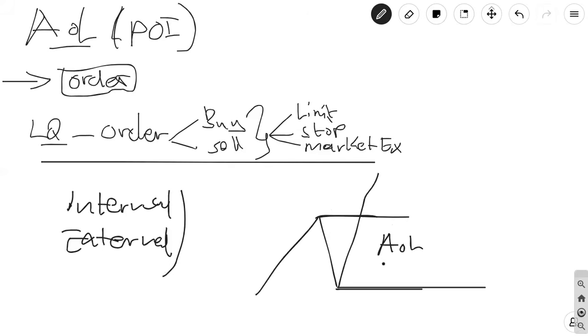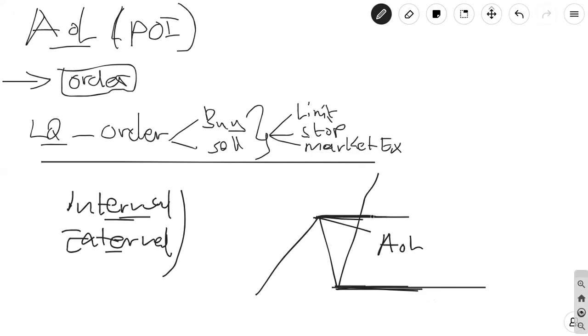What does that mean? So this is a structure, for example. When we mark this break of structure, that means this low here marks us an area of liquidity, meaning this is the area where we can look for places to place our orders. Now, internal liquidities are areas inside that structure. So inside here, we find internal liquidities, and external liquidity is simply the liquidities found outside this structure, which can be in this high or in this low.